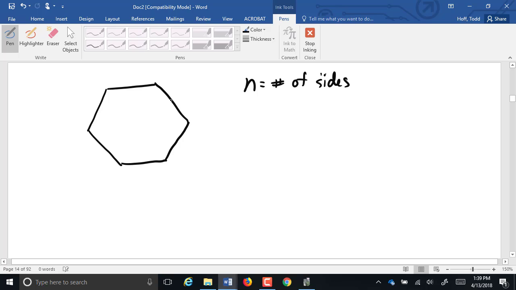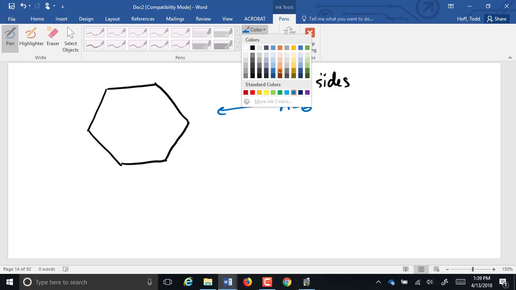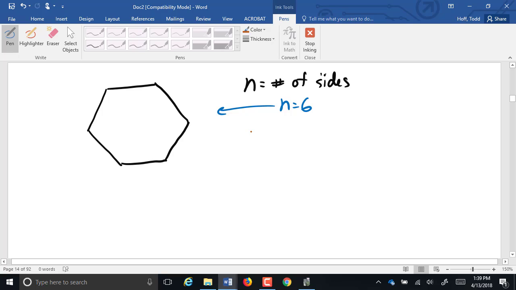So this figure I just drew, n equals what? 6. Depending on who you're talking to, either L or S is used to equal the length of each side. We're going to use L, just because it's L for length.